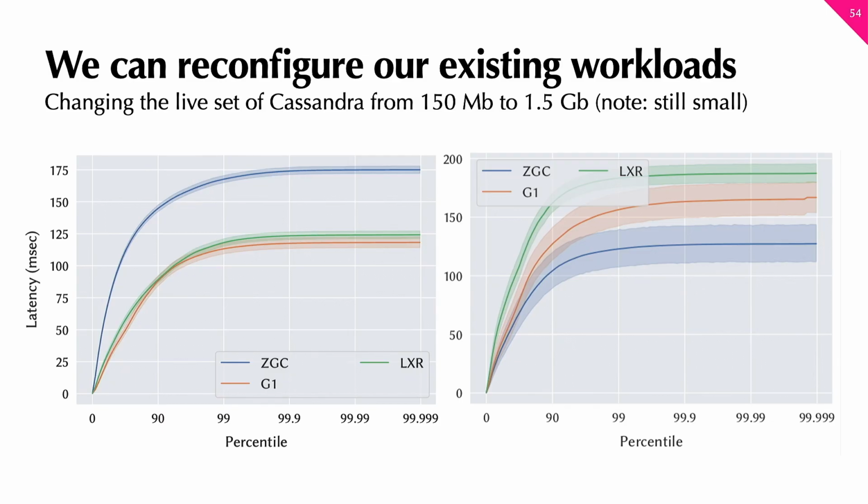So you could, for example, change some of the existing DaCapo benchmarks to have a larger workload. So this is an experiment changing Cassandra from a 150 megabyte live minimum heap to a 1.5 gigabyte minimum heap, right? And 1.5 gigabytes is still pretty small for a Cassandra deployment, but it is considerably larger than the 150 megabytes.